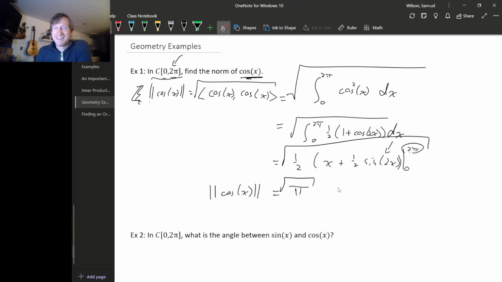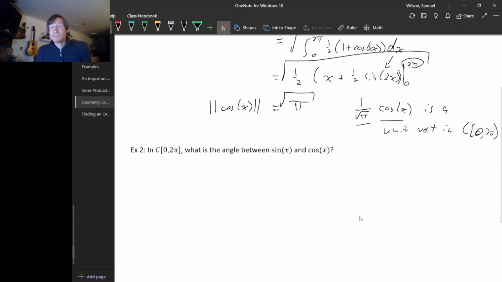As a follow-up, this means that the function 1 over square root of pi times cosine of x is a unit vector in this inner product space, because by dividing cosine by its own norm, you get a unit vector.